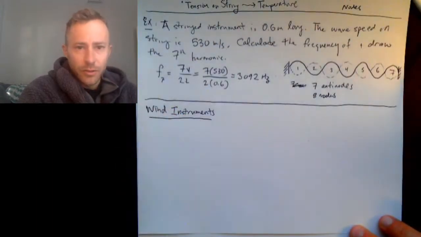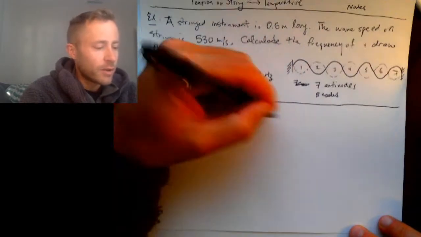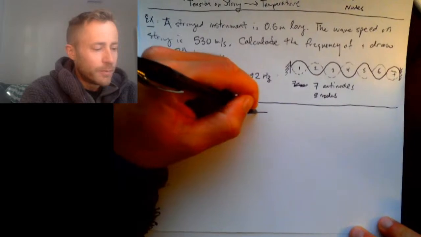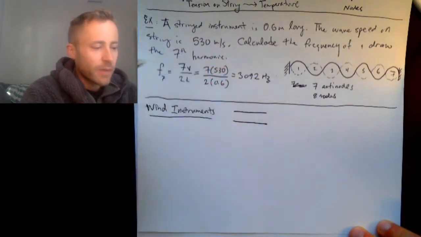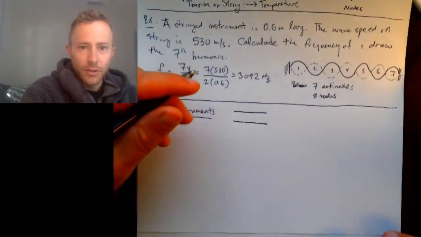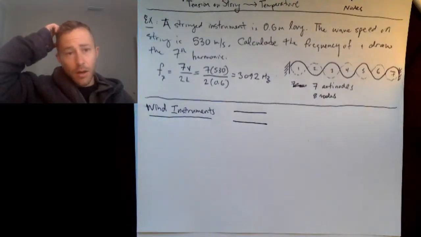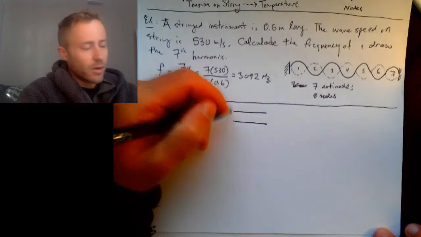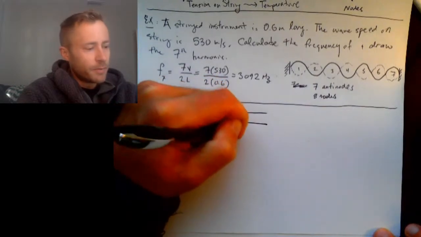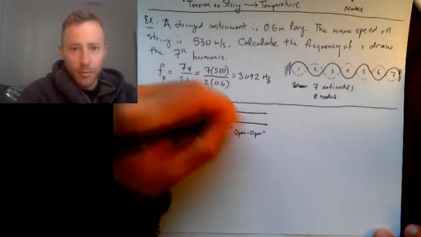Wind instruments are usually a tube of some kind. So I will draw the tube like this. It's kind of like you're looking at the tube from the side, so it looks like a rectangle. This is what I would call an open instrument because it is open on both ends.